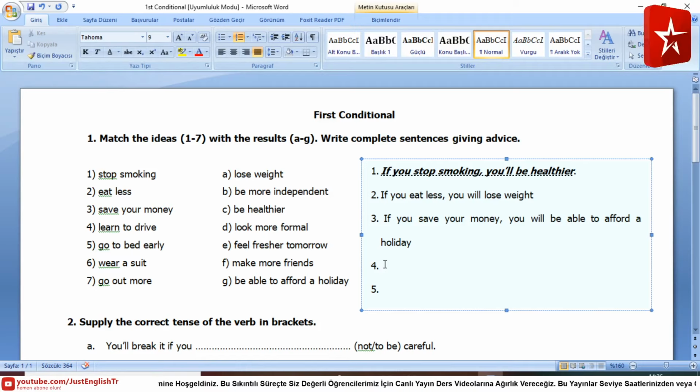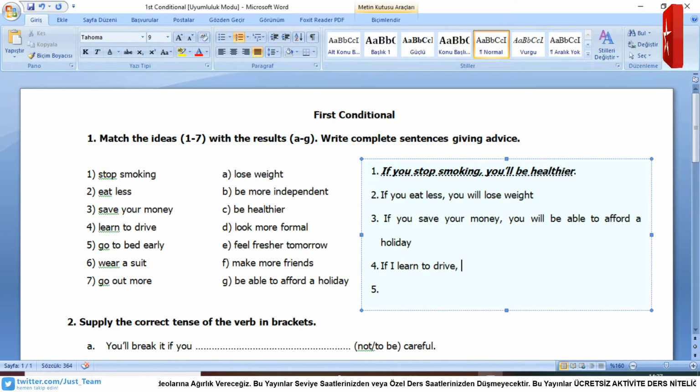For number 4, can you help me? If I learn to drive, you say if you learn to drive, you will be more independent.